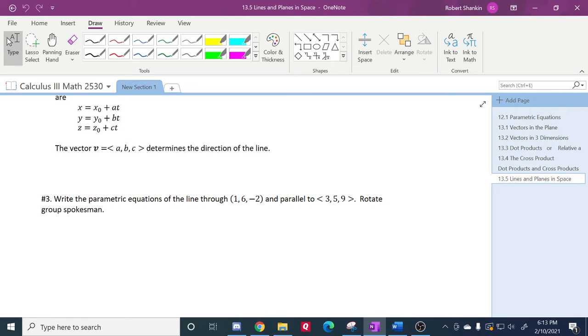When you get an answer, type it into your group chat, but don't hit enter yet.